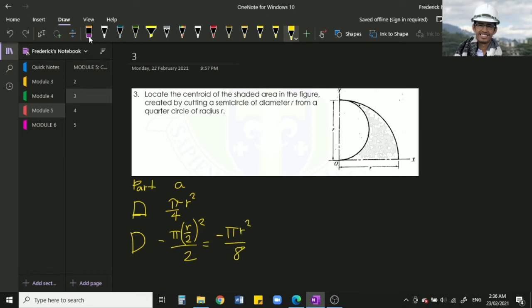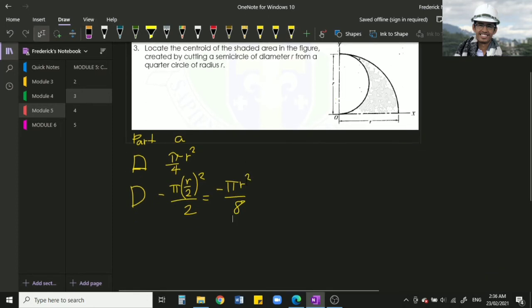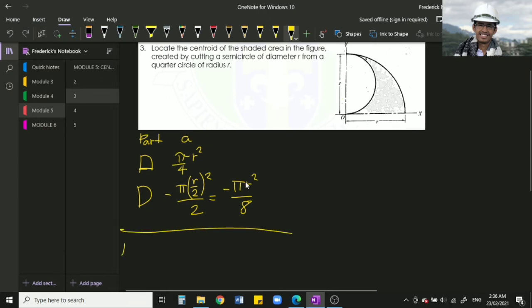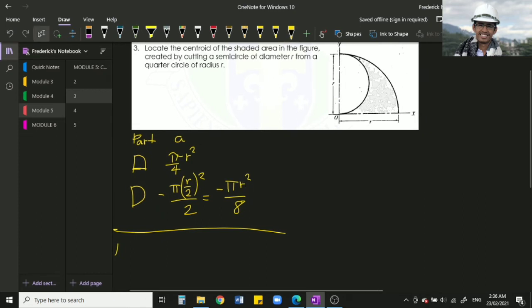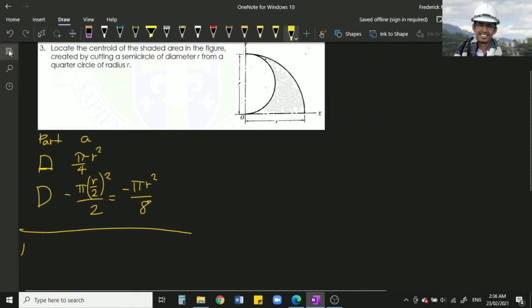Okay. So yung magiging total area natin, class. So, total area natin. So, pagsamahin lang natin to. So, yung total area natin will be equal to pi r squared over 8 or equal to 0.393 r.